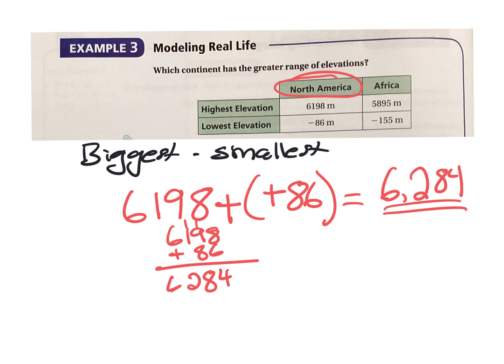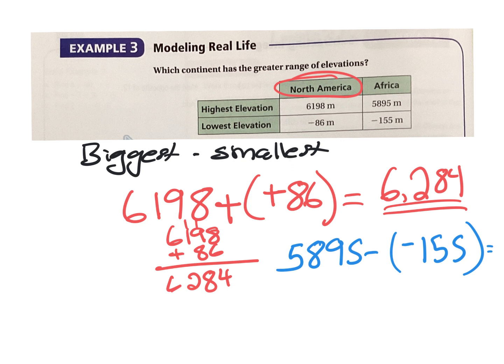Now let's do it with Africa. Same type of thing. We're going to start with the highest elevation, 5,895 minus a -155. Okay. And I want to add the opposite. So I add the opposite, and it's 5,895 plus 155.